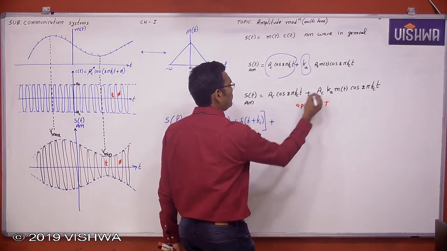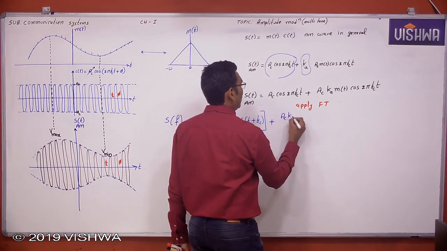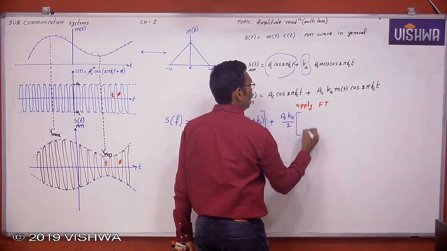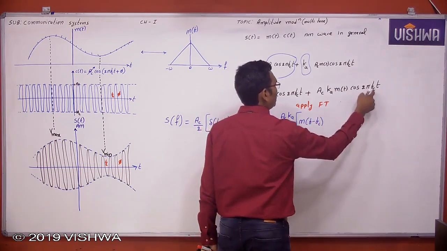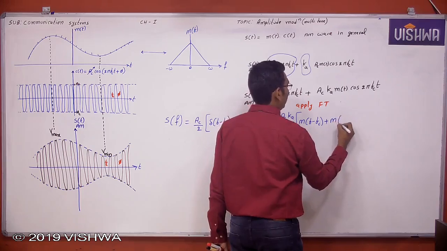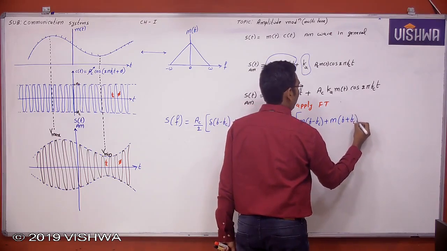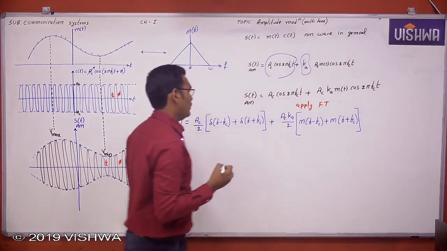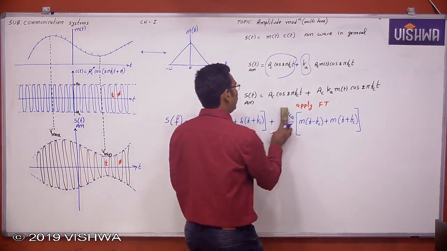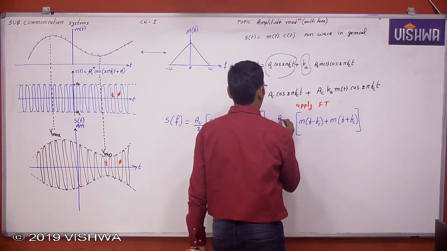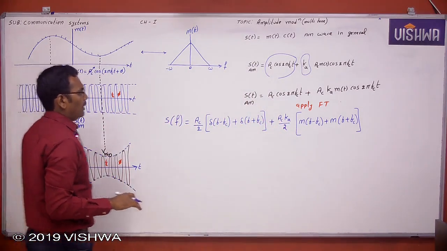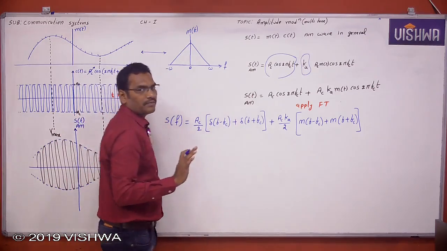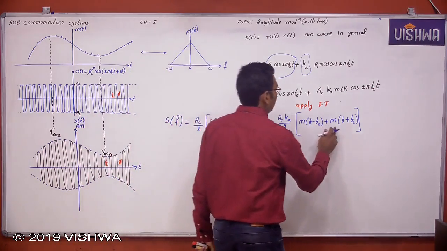Plus Ac Ka by 2 into m of t's Fourier transform, m of f minus fc plus m of f plus fc. Carrier frequency is fc.